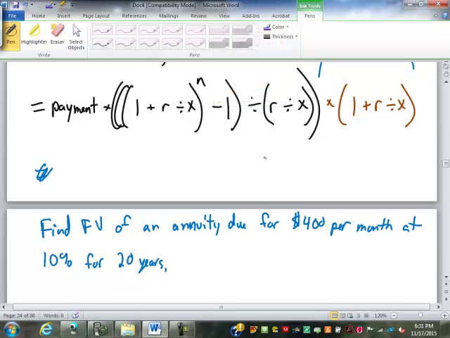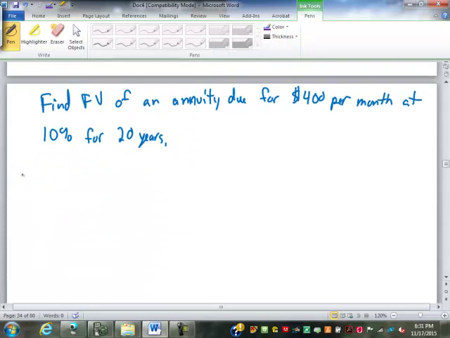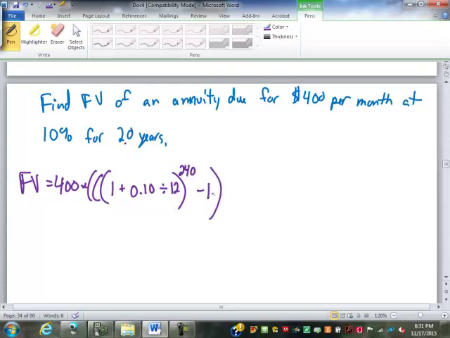So we're going to put this into our formula. It's going to be $400 times open bracket, 1 plus 0.10 divided by 12 to the power of 20 times 12 periods a year, which is 240 periods, minus 1, close, divided by open parentheses, 0.10 divided by 12 again, close and close, and now it's our adjustment factor, times 1 plus 0.10 divided by 12, close.